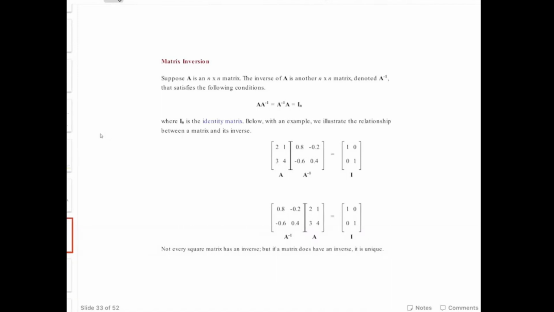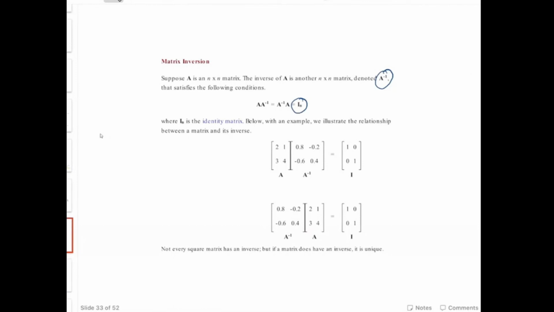So we can also find the inverse of a matrix. Given a square matrix n times n, the inverse of A is another n by n matrix, given as A to the power of minus 1, such that multiplying the matrix with its inverse is equal to the identity matrix.